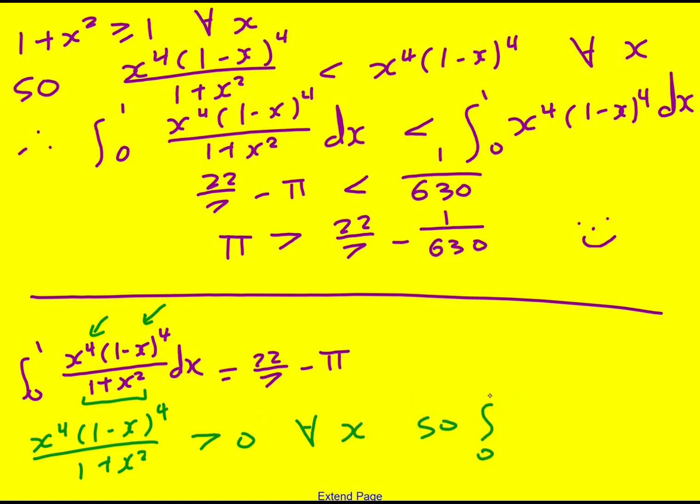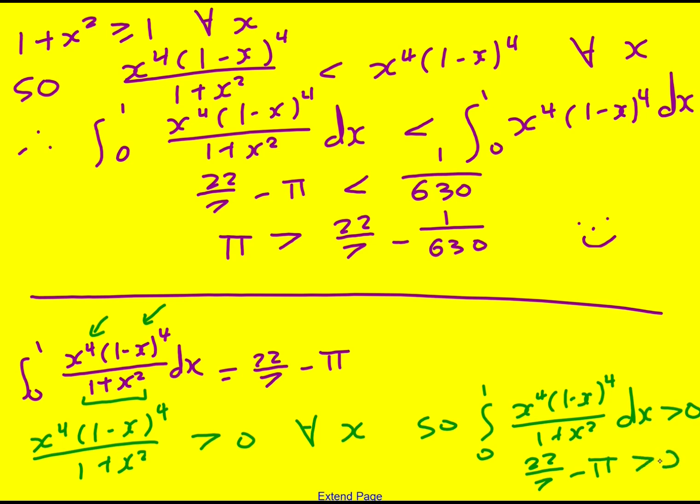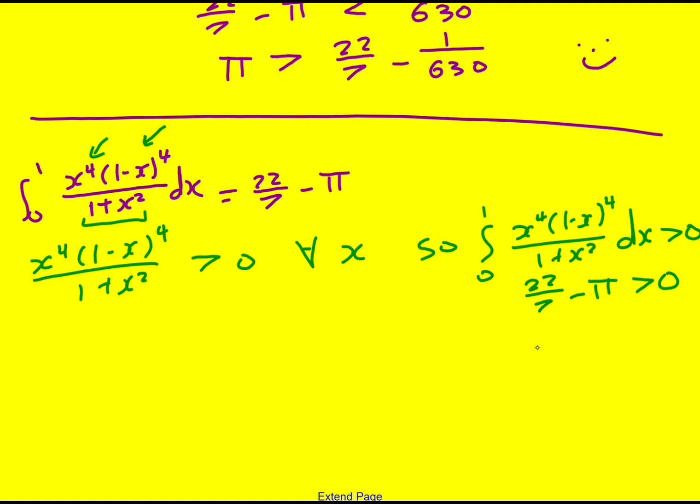So the integral from 0 to 1 is also going to be greater than 0. It's never going to go below the x-axis. We're going to get a positive area, guaranteed. And that means 22 over 7 minus pi is greater than 0, which means pi will be less than 22 over 7. We are there.